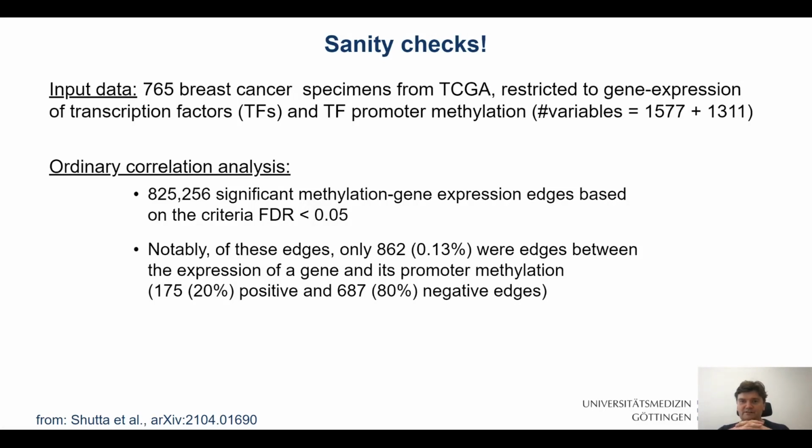We downloaded these breast cancer specimens from TCGA and restricted the data set to gene expression levels of transcription factors and corresponding promoter methylation levels, which made roughly about 3,000 variables, which we included into the model.